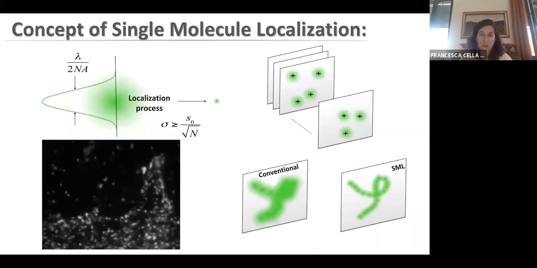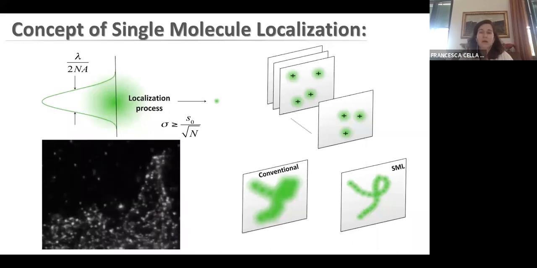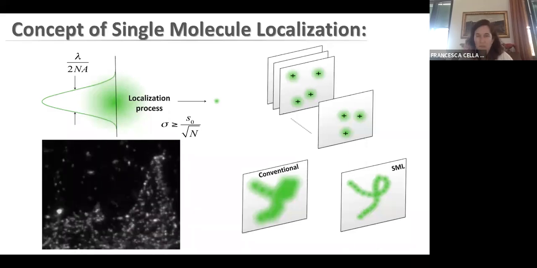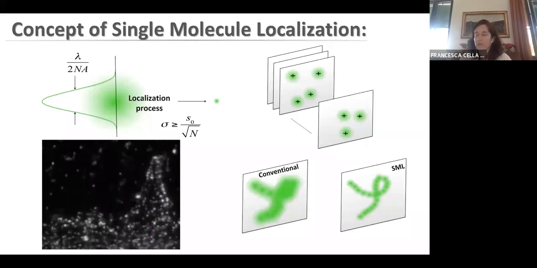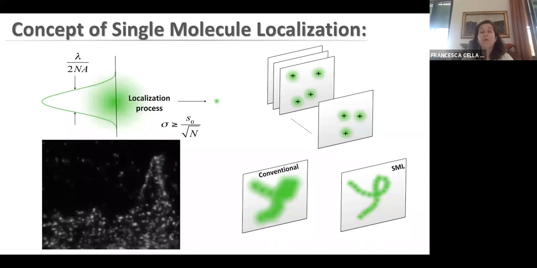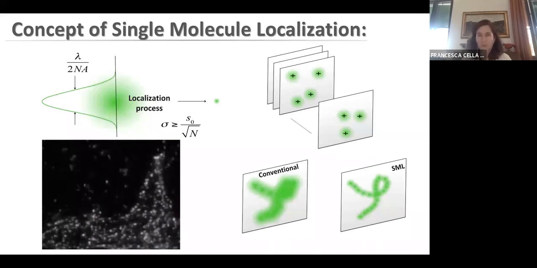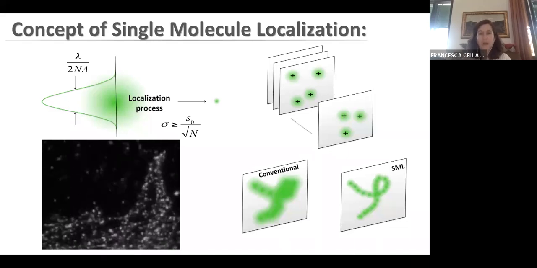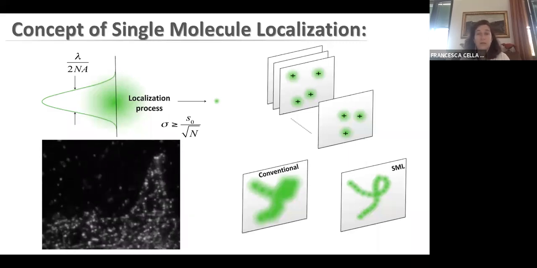And this precision depends on the parameters given by the imaging system, by the microscope. So the point spread function of the microscope, for example, plays a role, but in particular the molecule, because it depends on the number of photons that you can collect. So the more photons you can collect, the better your localization precision will be.